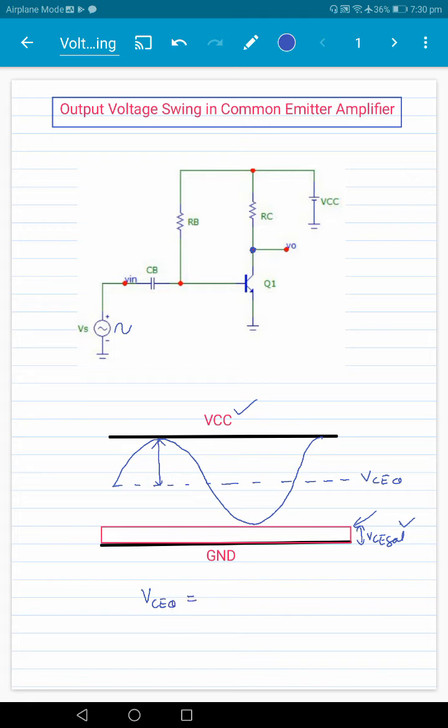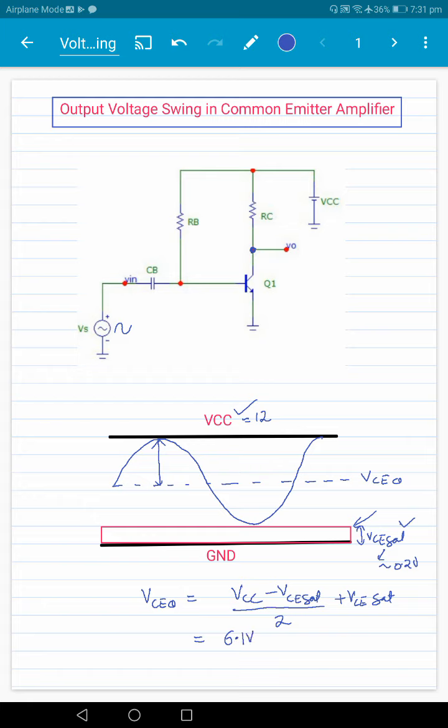You would bias VCQ in the middle. In the middle means VCC minus VCE sat, which we will take as 0.2 volt, so VCC divided by 2, plus VCE sat. If we take VCC equal to 12 volt as an example, that's 12 minus 0.2 divided by 2 plus VCE sat, so it will turn out to be 6.1 volt.